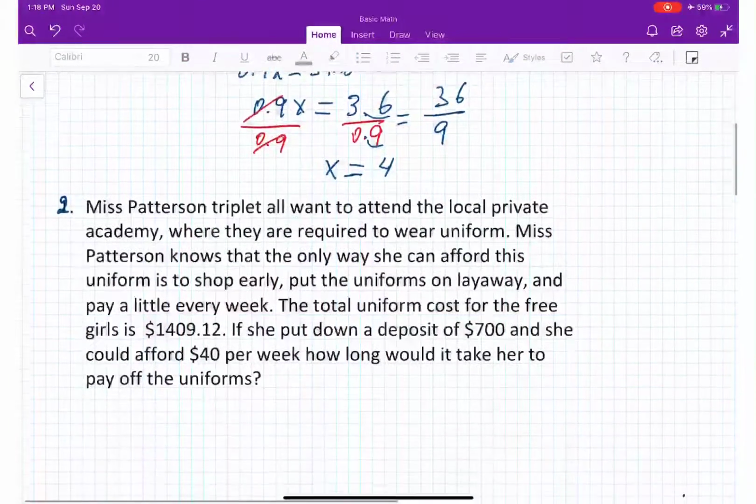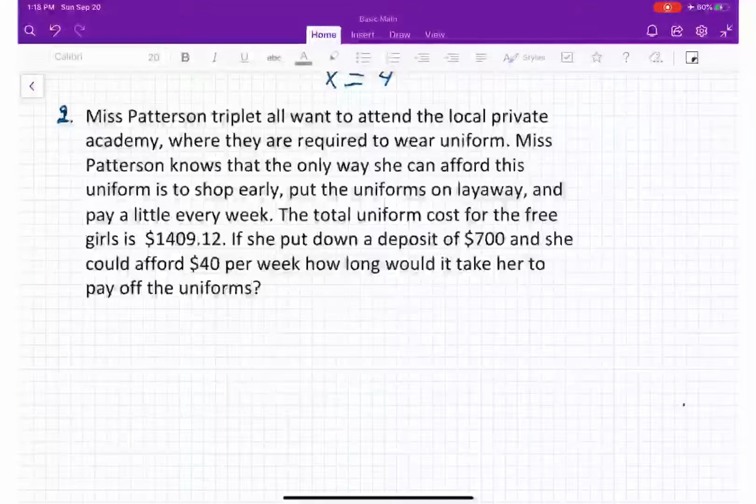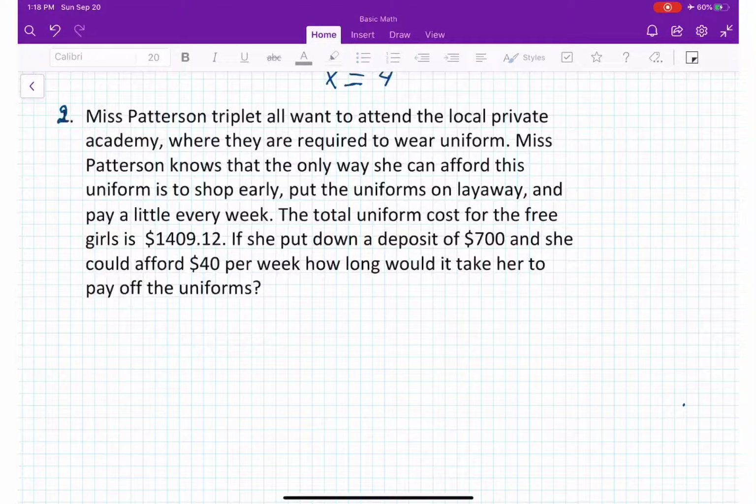Next question. Miss Patterson's triplets all want to attend the local private academy where they are required to wear uniforms. Miss Patterson knows that the only way she can afford this uniform is to shop early, put the uniform on layaway and pay a little every week.